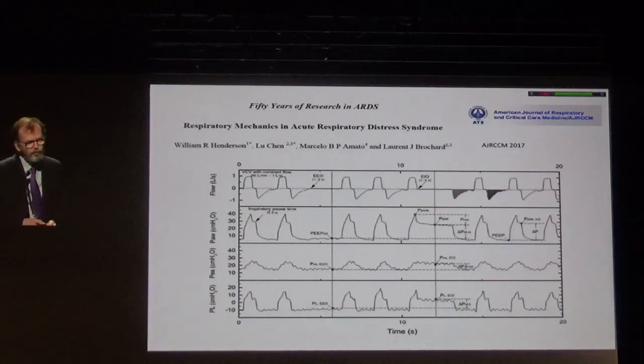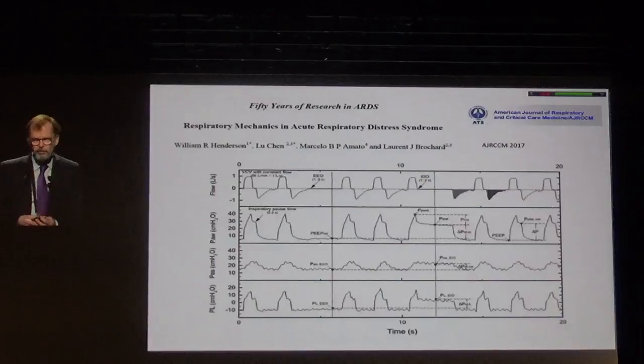Maybe if you just compare the second and the third curve, the airway and the esophageal pressure, you notice that the swings of airway pressure are of much larger amplitude than the swing in esophageal pressure.